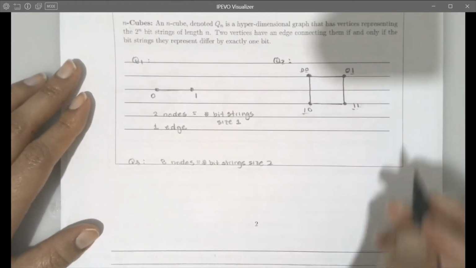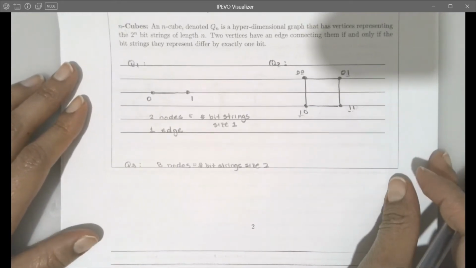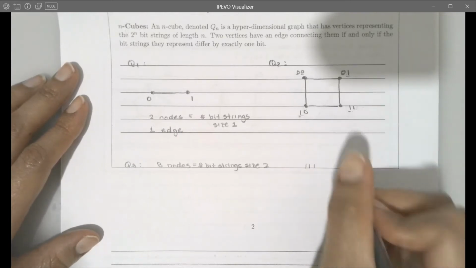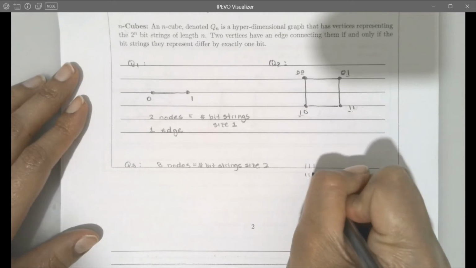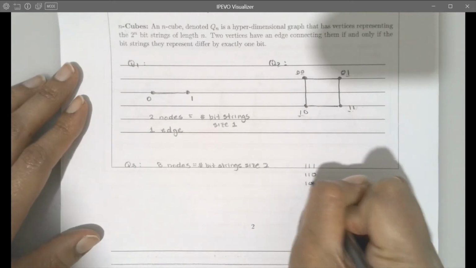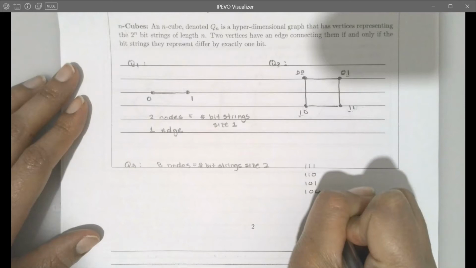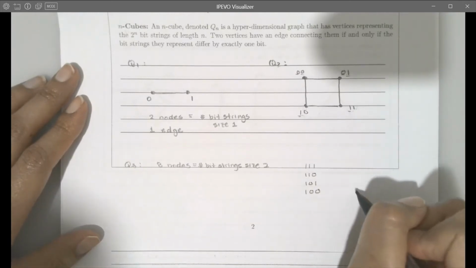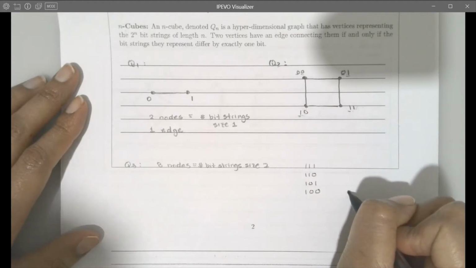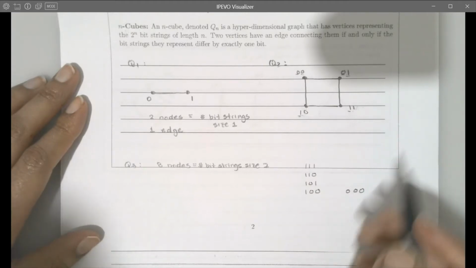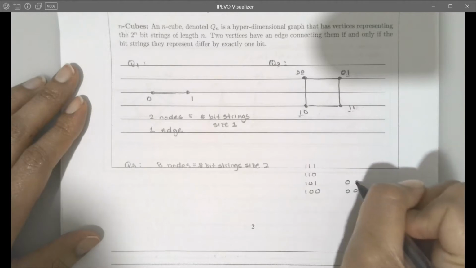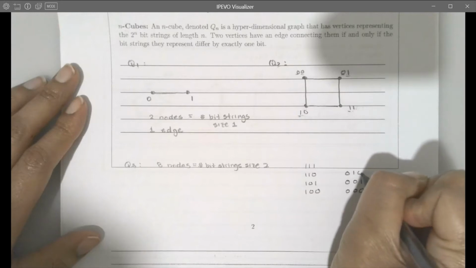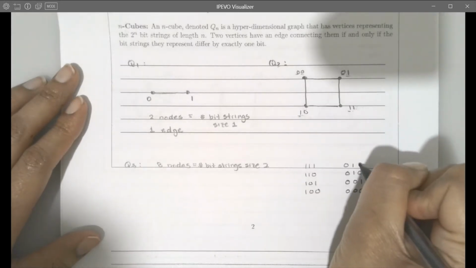First let's list out what are the different bit strings that we can get. We could get a 1, 1, 1, or a 1, 1, 0, or a 1, 0, 1, or a 1, 0, 0. We could also have a 0, 0, 0. We could have a 0, 0, 1, a 0, 1, 0, and a 0, 1, 1.